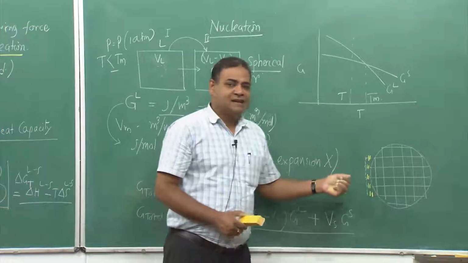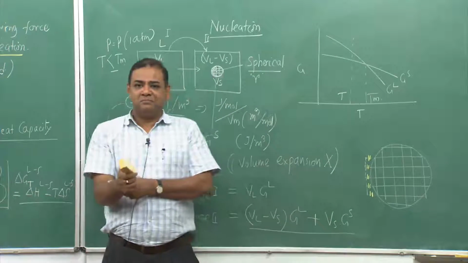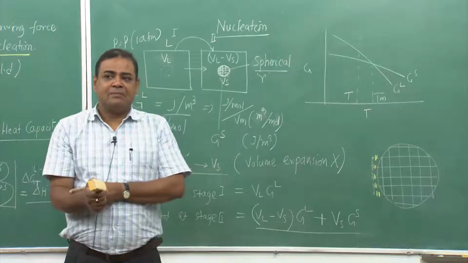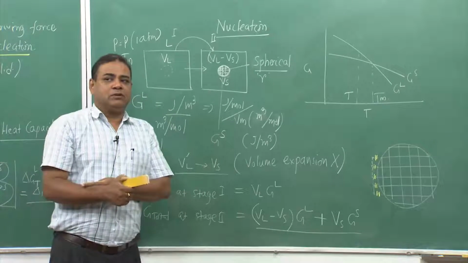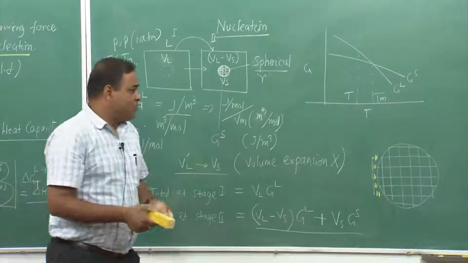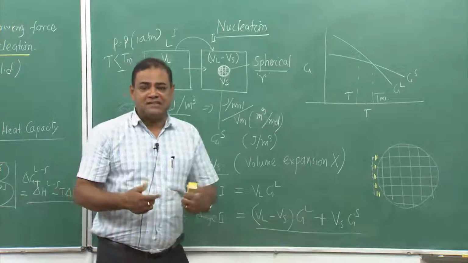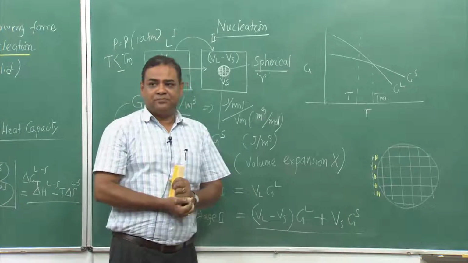And whenever I break any arm, what does it mean? It means that I am exciting that particular region. And whenever I excite that particular region, that means I am increasing the energy of the system.